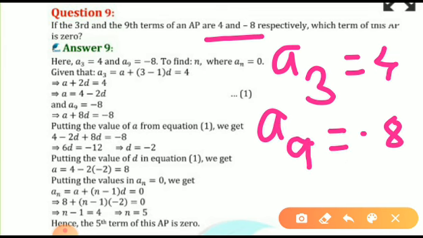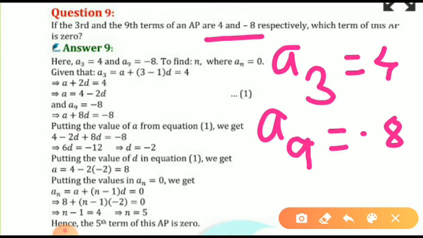Okay, then which term of this AP is 0? That means I have to find which term will be my 0. Whether my first term is 0, whether my second term is 0, or whether my 10th term is 0. That means I have to find my value of n.